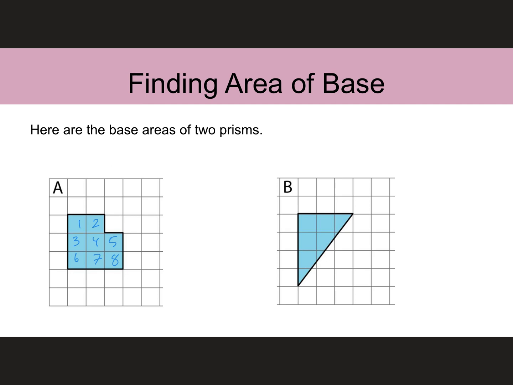It has an area of 8, and let's say that this shape goes back like 4 units long. I'm going to take my area of 8, and I'm going to multiply by this distance here, which is 4. So 8 times 4 would give me a volume of 32 units cubed.